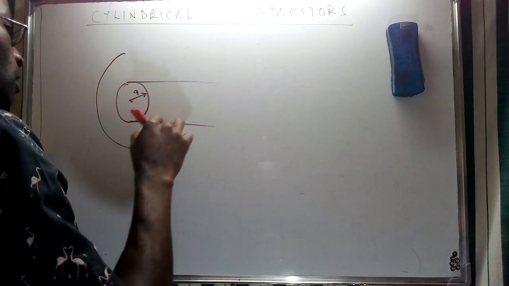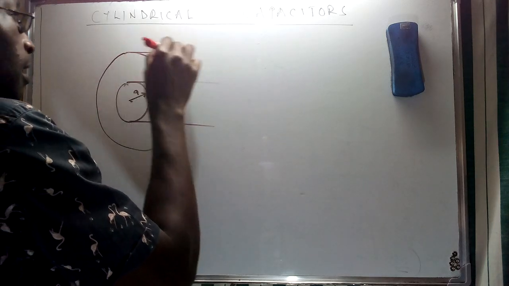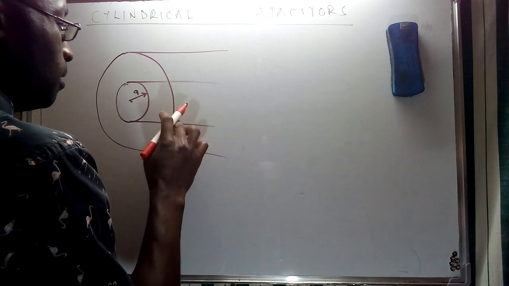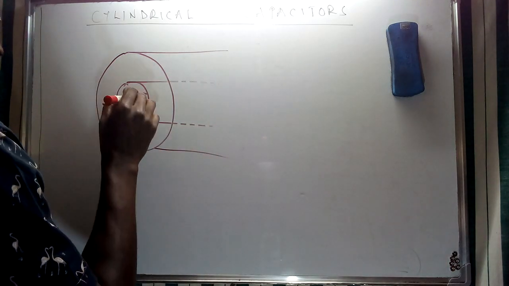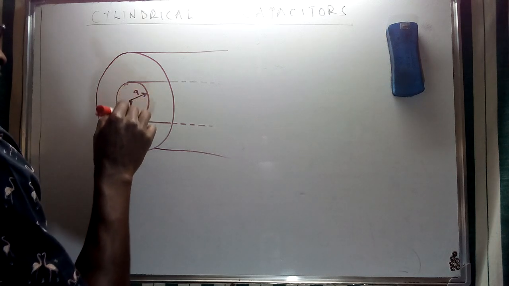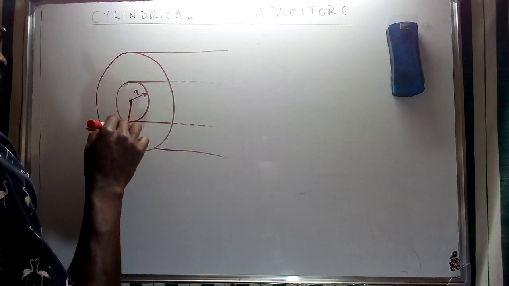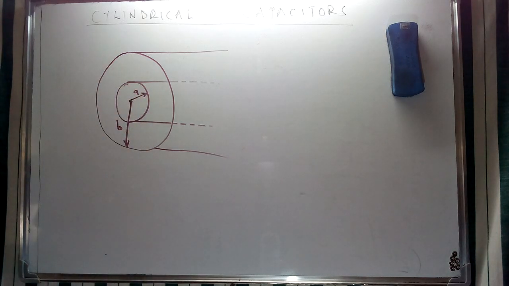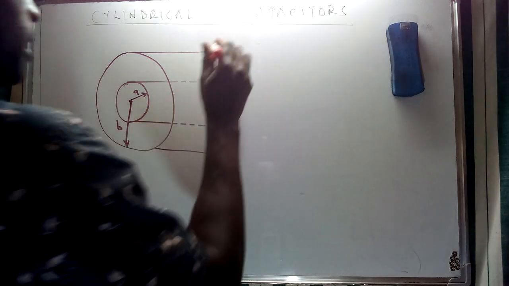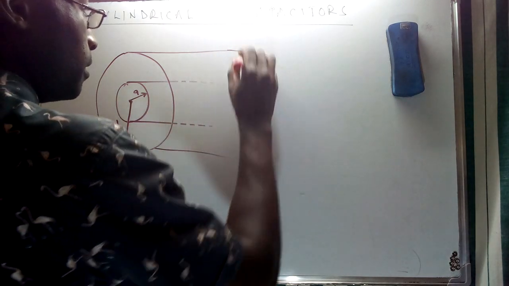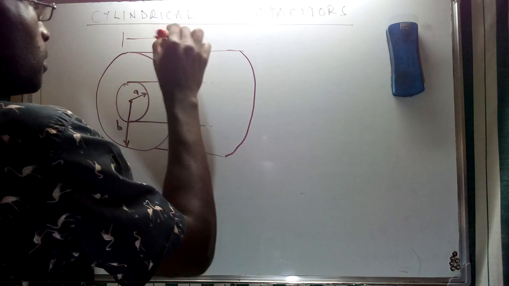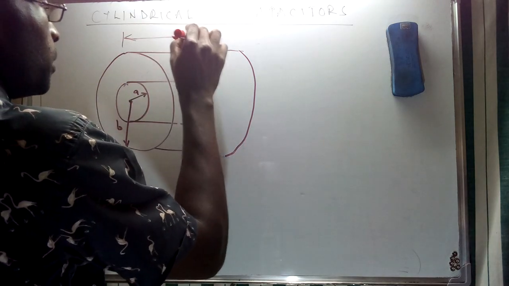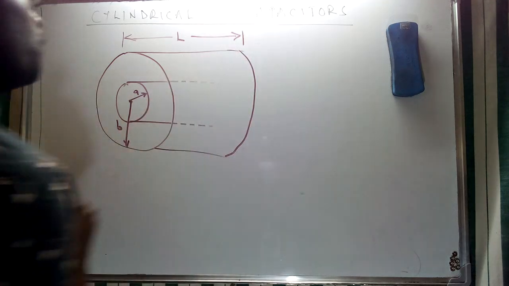If this shell has a radius of, let's say, B, and let's give it a length from this point up to the last one, we can illustrate the length using L.